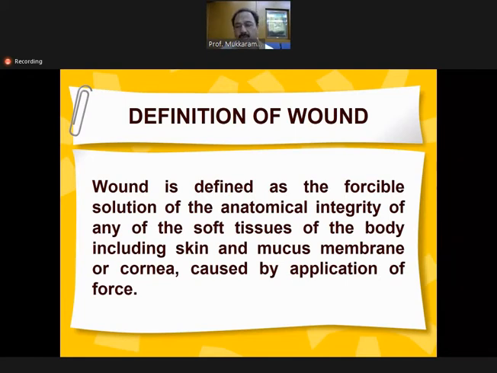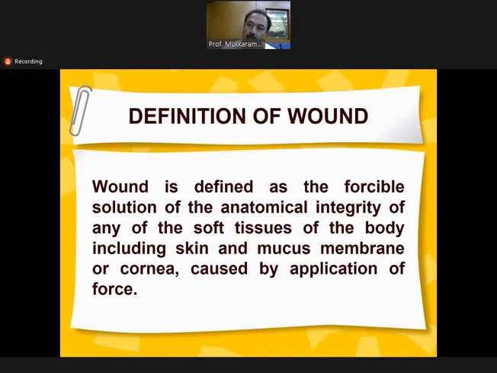In closed wounds, the skin is intact from the top and there is no discontinuity in the epithelium. The example is a bruise. The bruise which you make over a person by using force, by any blunt weapon, is a closed type of injury.